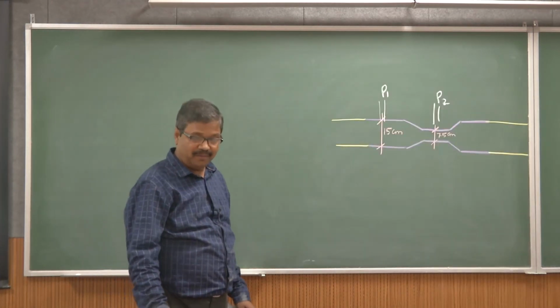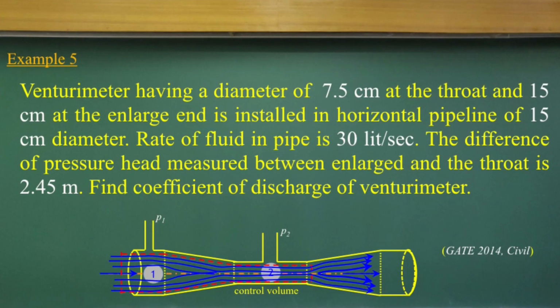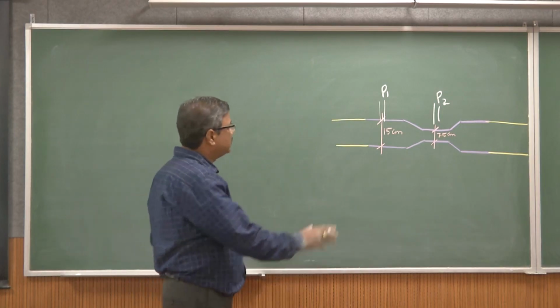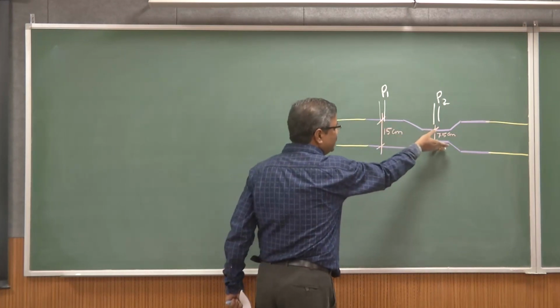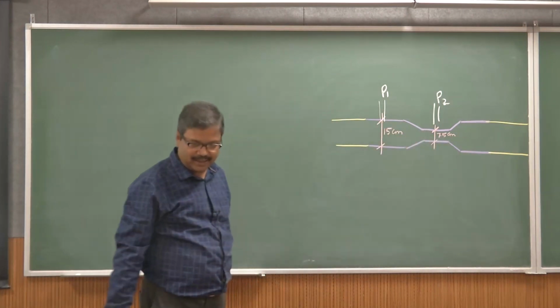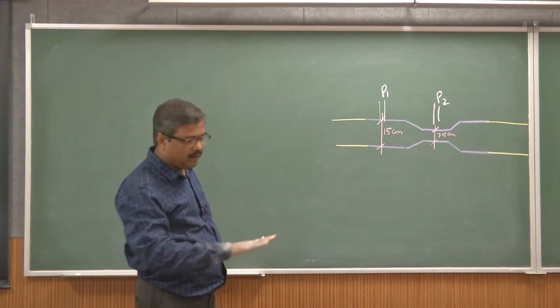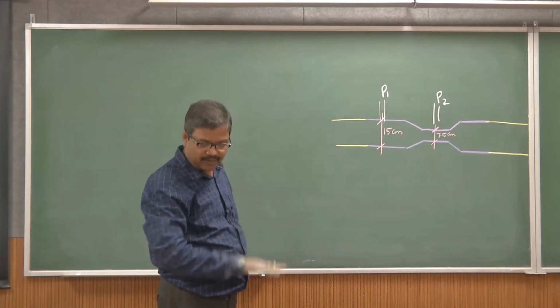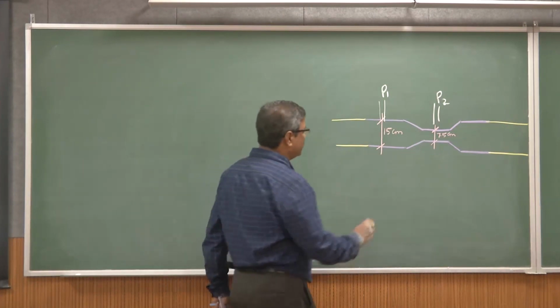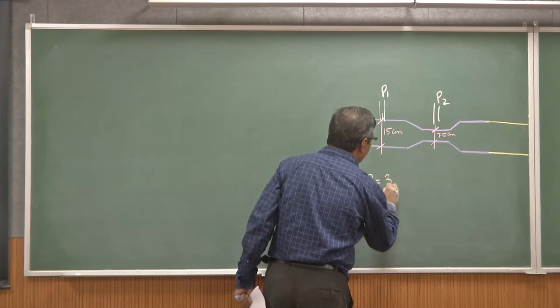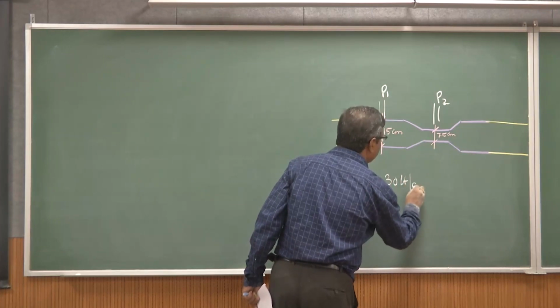Example 5 is a very simple problem on venturimeters. As given in the figure, a venturimeter with a diameter of 15 centimeters reduced to 7.5 centimeters is installed on a horizontal pipeline, and the rate of fluid passing through it, Q, is equal to 30 liters per second.